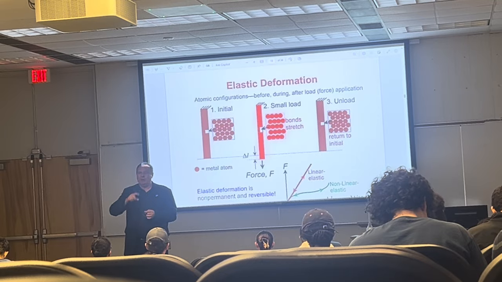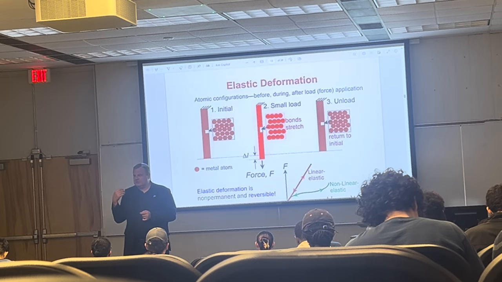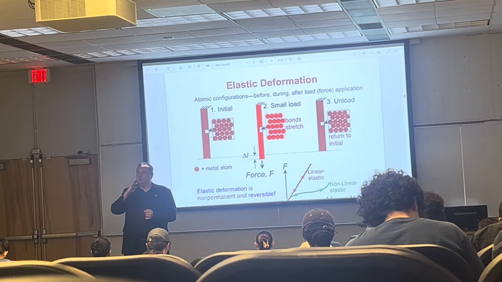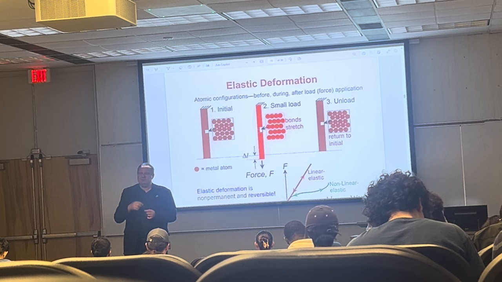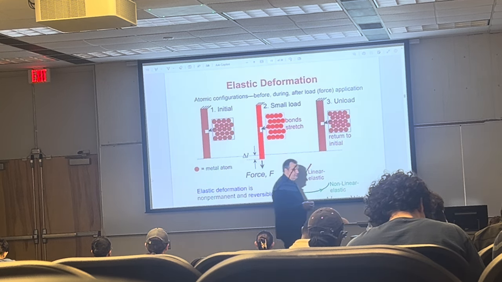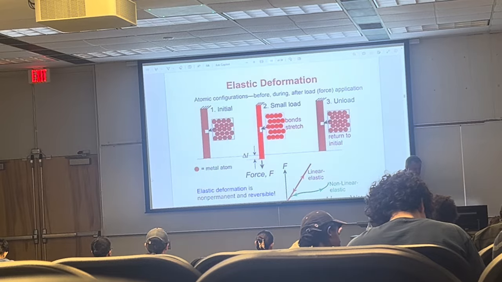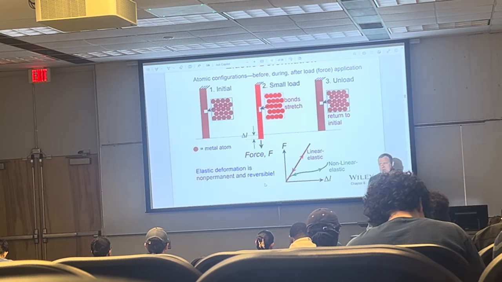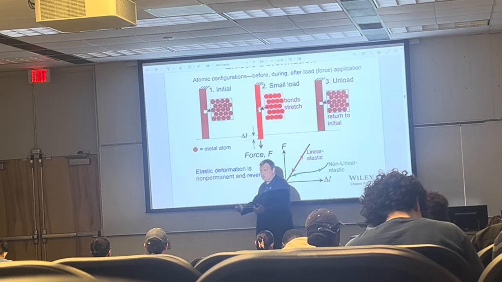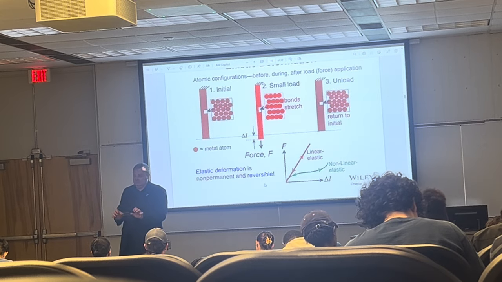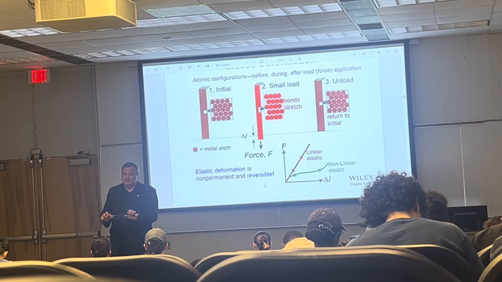And do you remember that well where you were calculating the force in this class? Do you remember that? Force and the energy? That slope determines what the properties, elastic properties, are going to be. There are linear elastic materials where the stress is proportional to strain. But some materials are non-linear elastic, like this rubber. And I'm not going to get into the details, but you can see that this rubber comes back to its original length. Its length does not change.